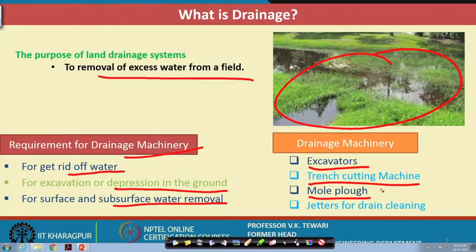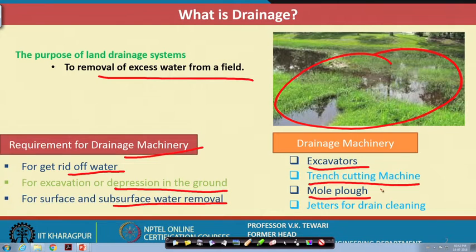The mole plough is another plough which enters at a certain depth and can create a hole of a certain width, or a trench, or some sort of slit in the layer, particularly required for heavy soils, at locations where it is difficult to use other types of equipment.